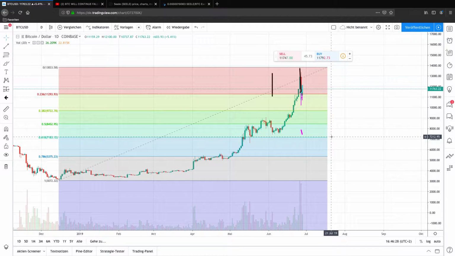So there is a high chance that we will fall down to this level. So this is my third indicator, and we didn't fall to this level yet.